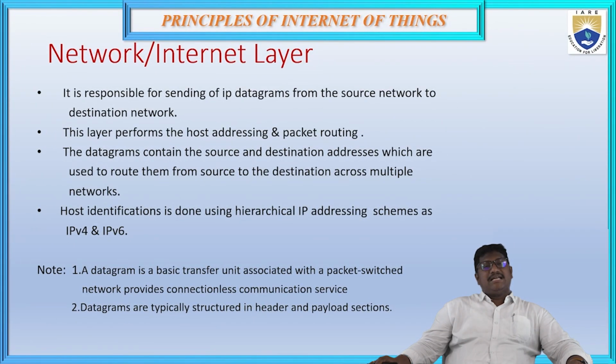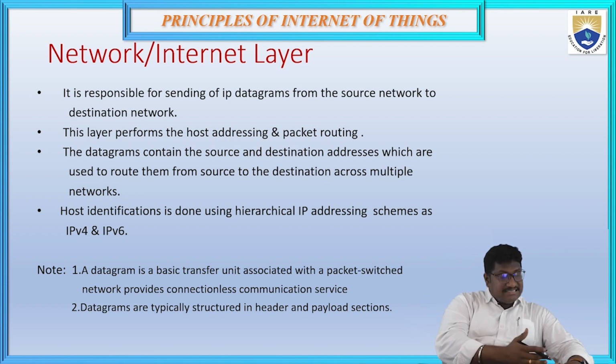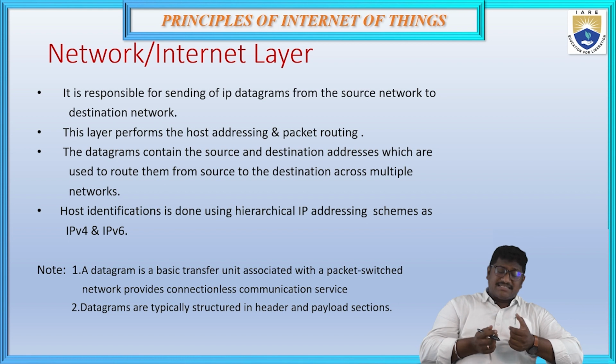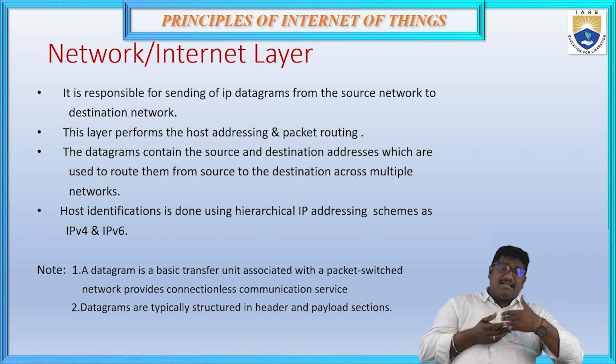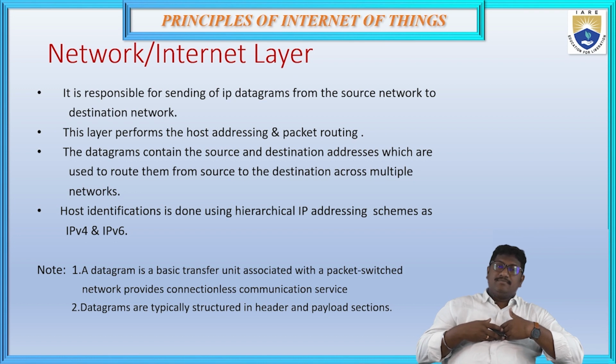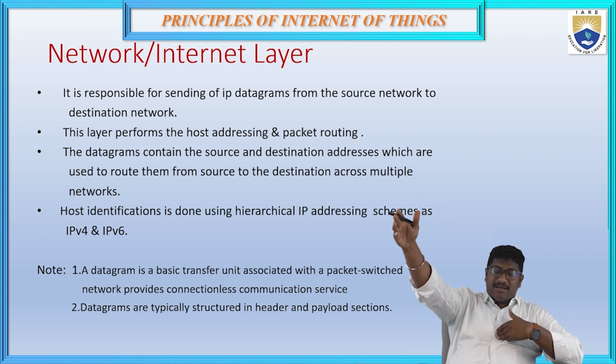And coming to the next layer, which is the network and internet layer, this is the layer responsible for sending IP data from the source network to the destination network. Suppose I am texting some information and I want to transfer it to my friend. I am acting as the source and the destination is my friend.